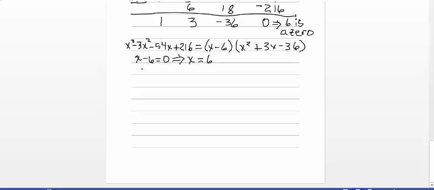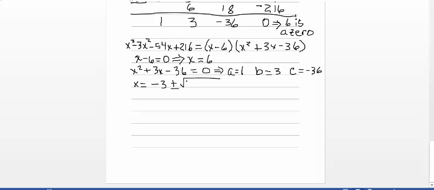So we're going to take each of these polynomials and set them equal to 0. X minus 6 is 0, which means x is 6, or either x squared plus 3x minus 36 is 0, which means I'm going to use the quadratic formula to solve, since this is a quadratic equation. A is 1, B is 3, C is negative 36. So x is negative b, which would be negative 3, plus or minus the square root of b squared minus 4ac.